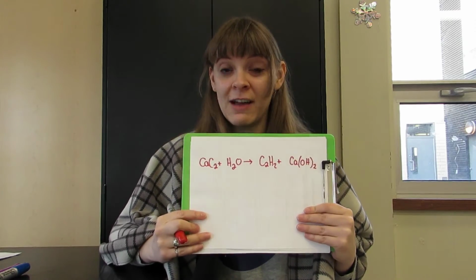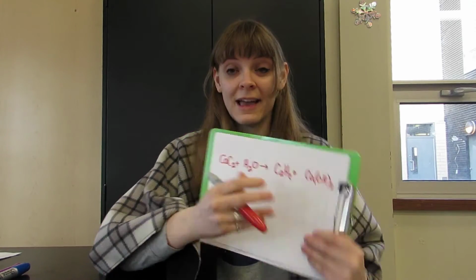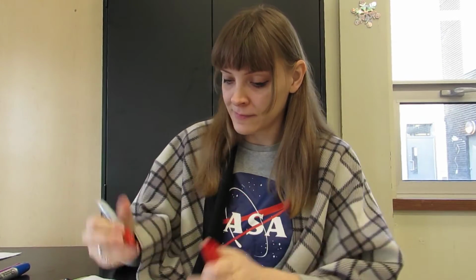And to start off with that, we're going to draw our table once again. And I'm going to put in each of my atoms. So my calcium, my carbon, my hydrogen, and my oxygen on both sides.